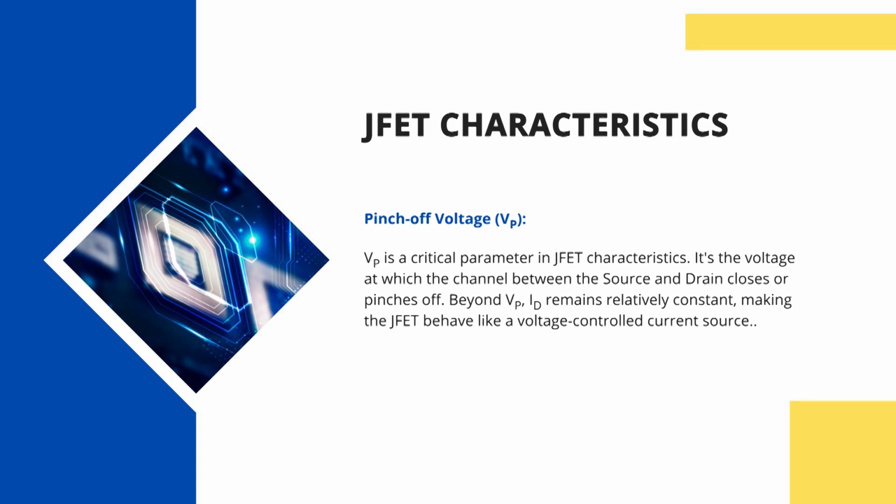Beyond the pinch off voltage, ID remains relatively constant, making the JFET behave like a voltage controlled current source. So, this is the important term: the JFET behaves like a voltage controlled current source.